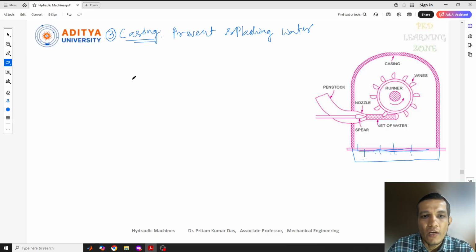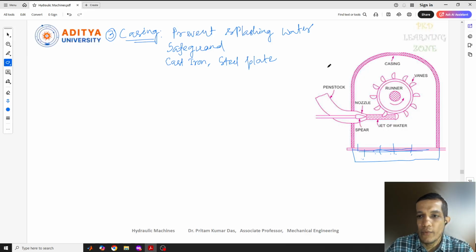Also, this casing is used as a safeguard, to avoid any kind of accidents. And this casing is made of cast iron or any kind of fabricated steel plates. So this is all about the casing part.